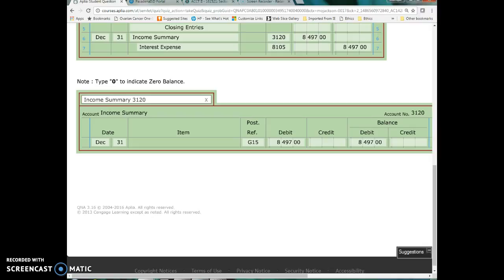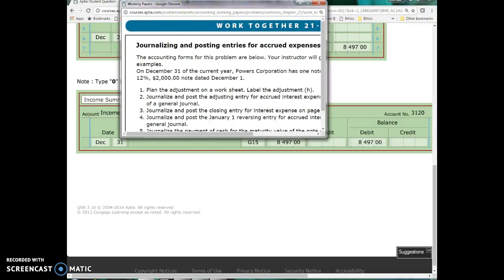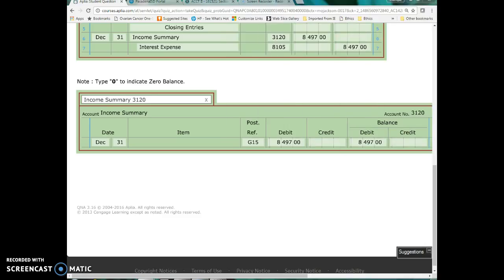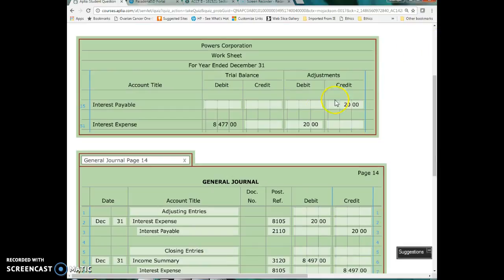All right, we're on number 4 already. Number 4 asks us to do what? The reversing entry. So to do a reversing entry for interest expense, we have to debit interest payable, credit interest expense.